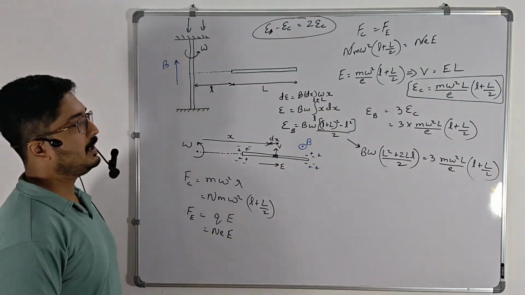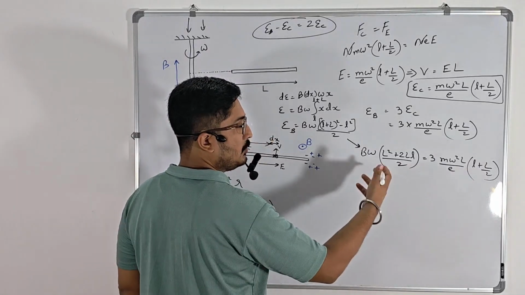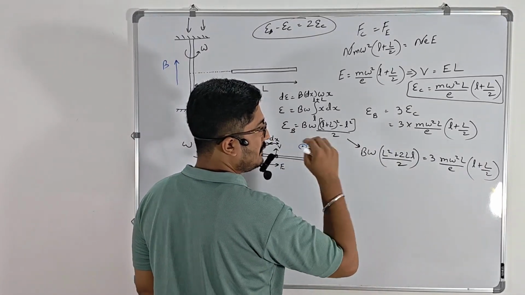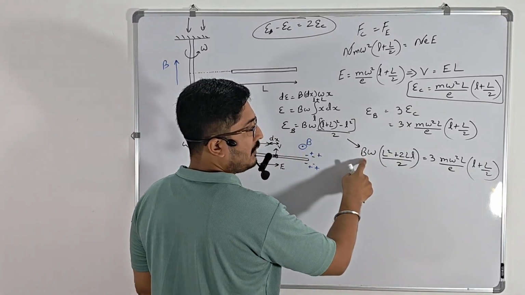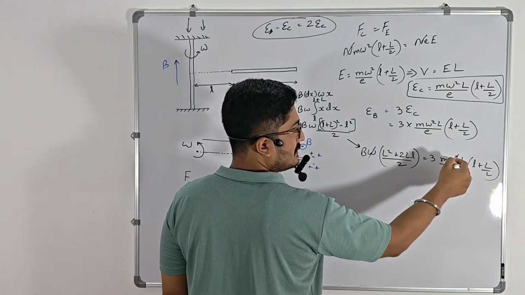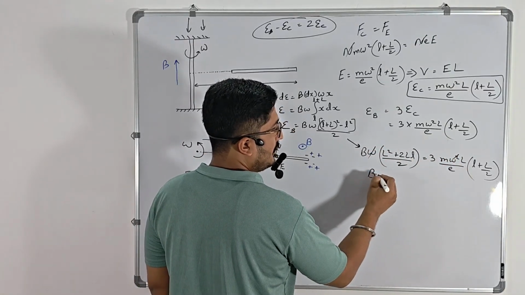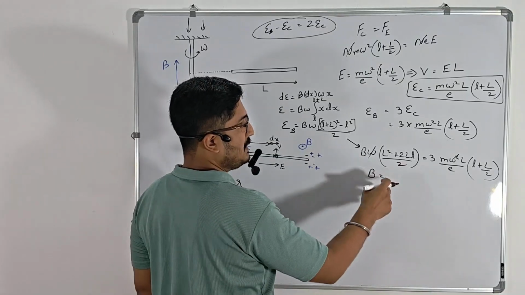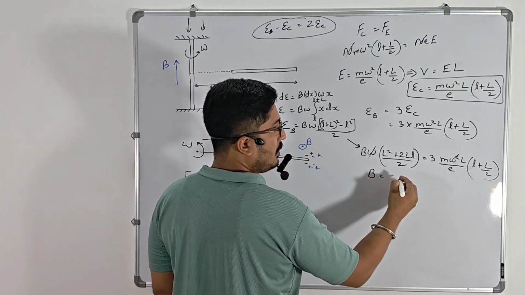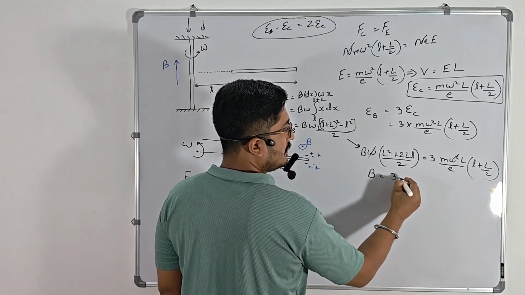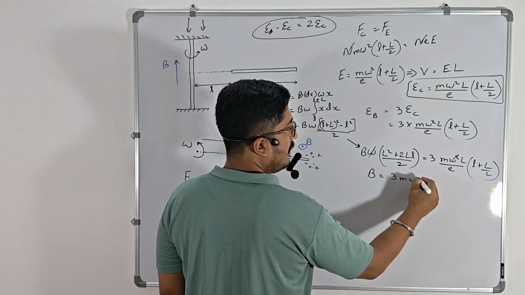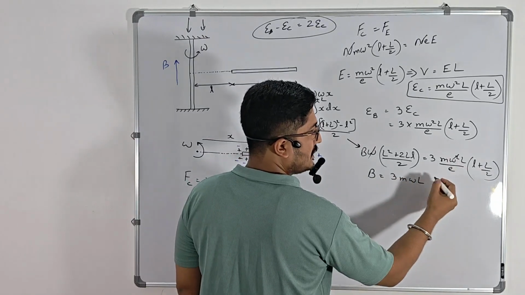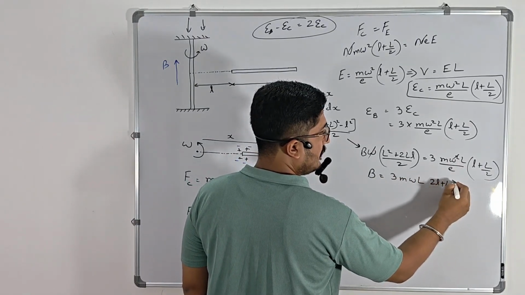All right. Now here, whatever can be cancelled, you can do it. You are interested in finding the magnetic field required. So one omega can be cancelled here. Then you can write the B. Sorry, magnetic field is required in the question, right? So B is equal to what will I get? 3m omega L. If I take LCM, it will become 2L plus l.